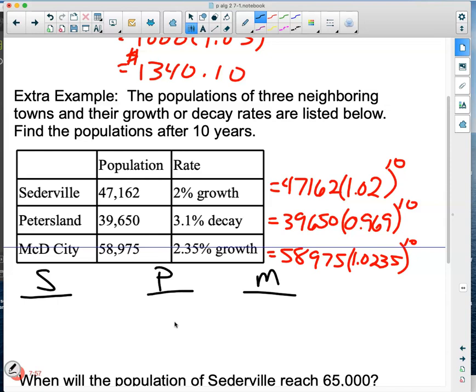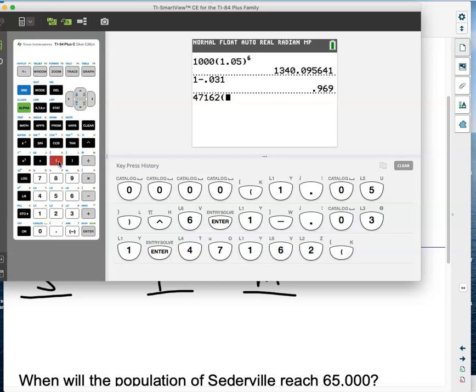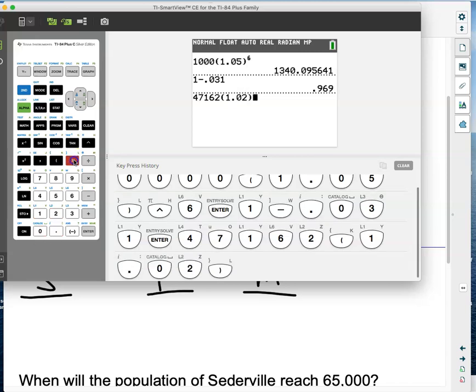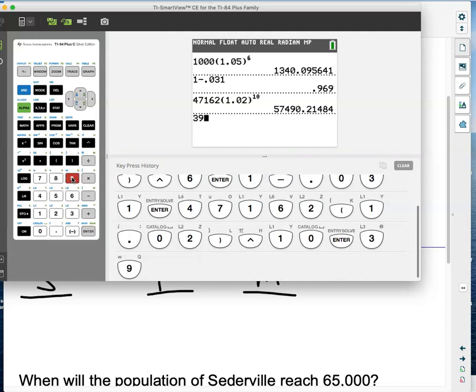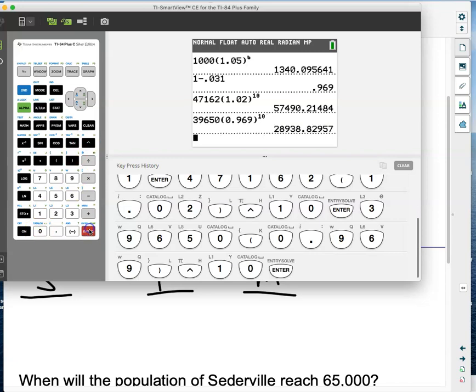And since it's population and it's people, you can't have half a person. We'll just have to round to the nearest person. So, because I can't see my numbers over there, I will use my notes. 47,162, parentheses, 1.02 to the 10th. 57,490 people in Cedarville. 39,650, parentheses, 0.969 to the 10th.